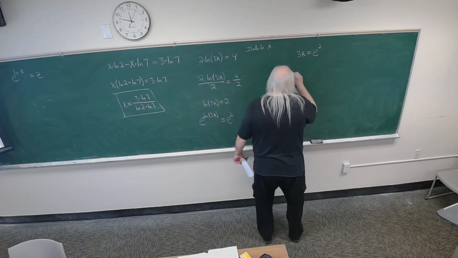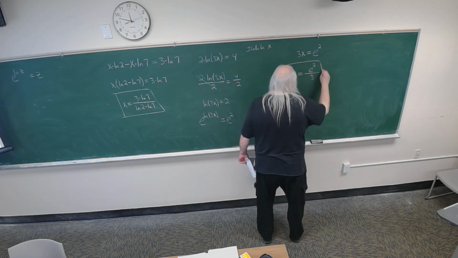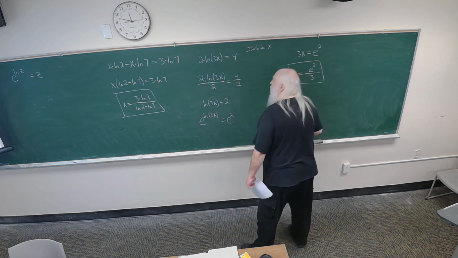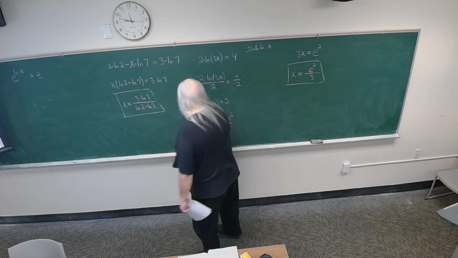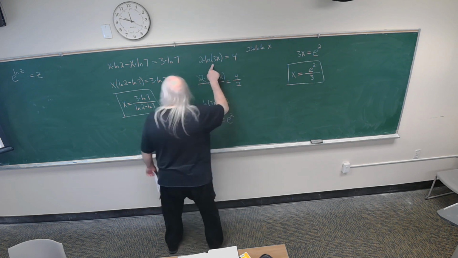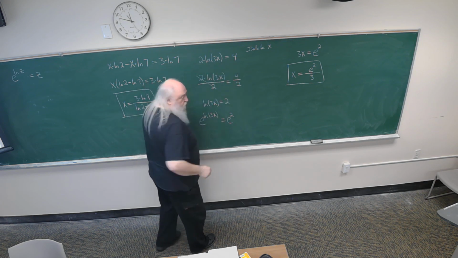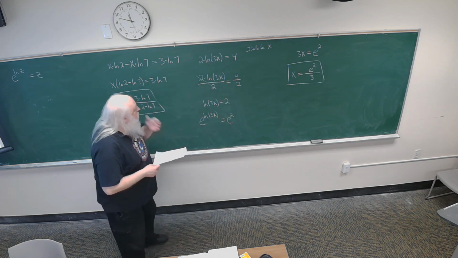And so we have x is equal to e squared over 3. So e squared divided by 3 is the exact value of x that makes the left-hand side here equal to 4. Okay.